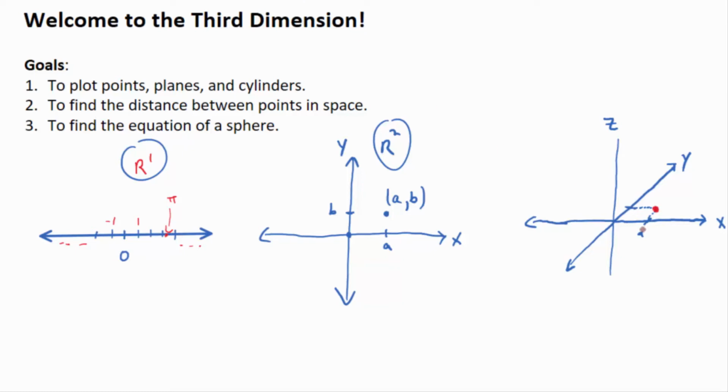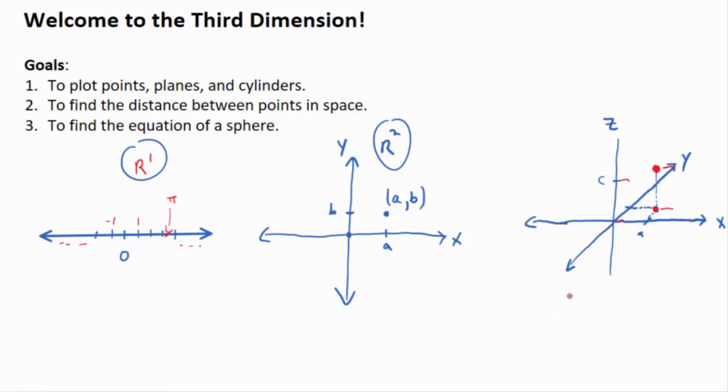I'll say more about that in a few minutes. Or if you wanted to plot the point ABC, maybe this distance from the origin is C, you could go up to this corner of the box, as long as you're up a distance of C. So this distance here to here should look the same as this distance here to here.